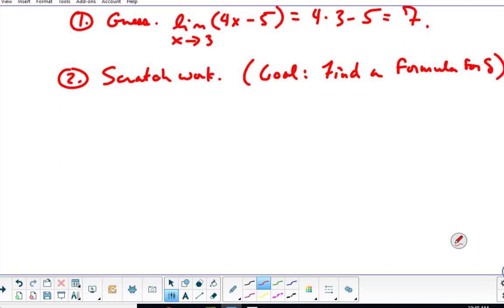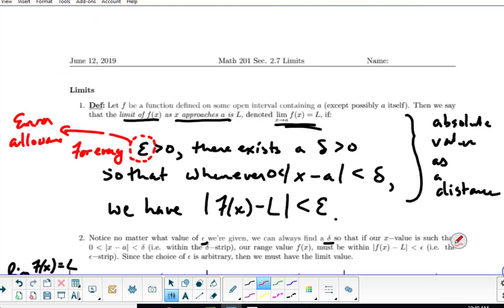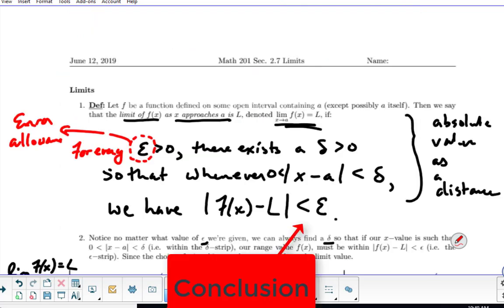So here we go. We're going to go ahead and assume that epsilon can be made to be greater than the absolute value of our function minus what we claim the limit value is. Do you see that that's the conclusion of the definition?